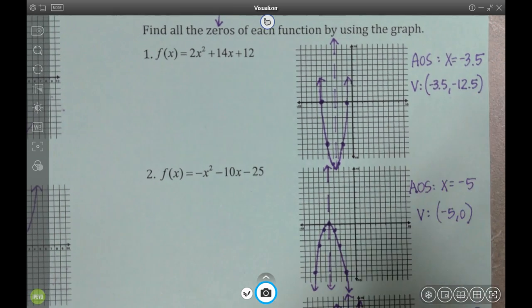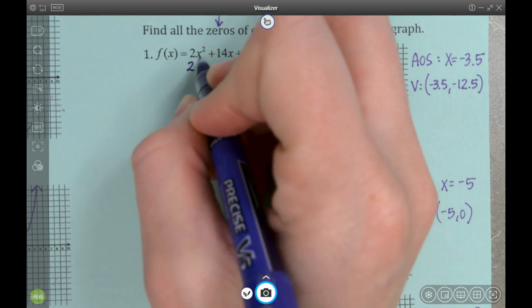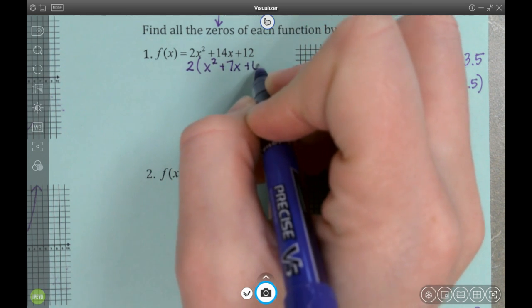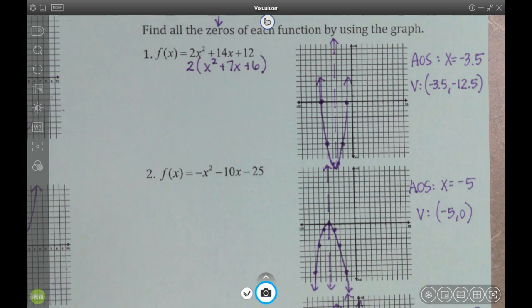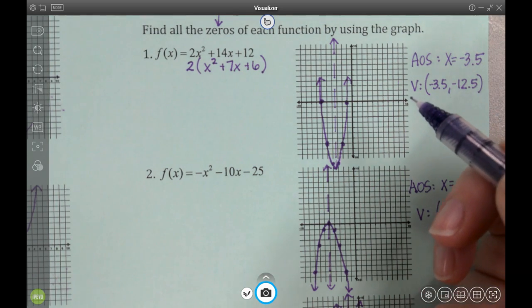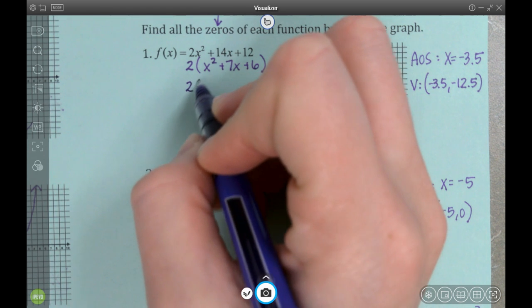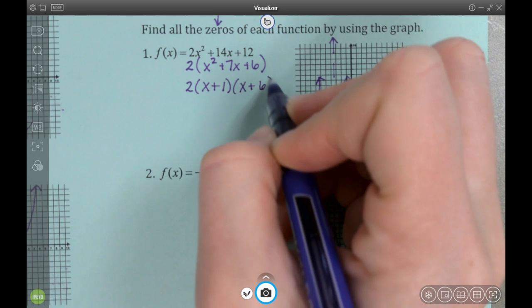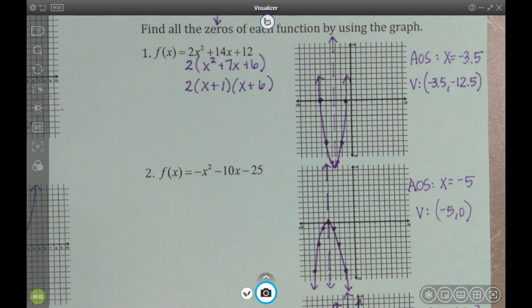So like on this first one, if I factored it, I'd have 2 times x squared plus 7x plus 6. What are factors of 6 that add to give me 7? So that would make this x plus 1 times x plus 6. Right?